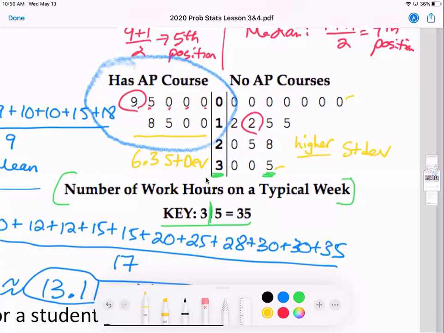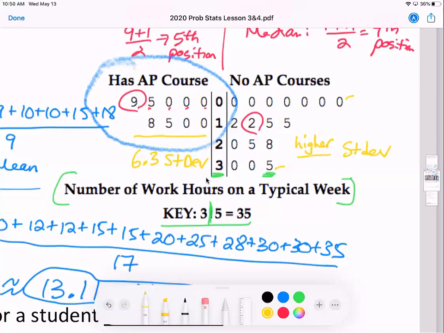So let's mark where the mean is. Right here would be the mean. Right here would be the mean. And right here would be the mean. So the question is, for this question number 4, rank the following 3 dot plots as highest to lowest standard deviation.